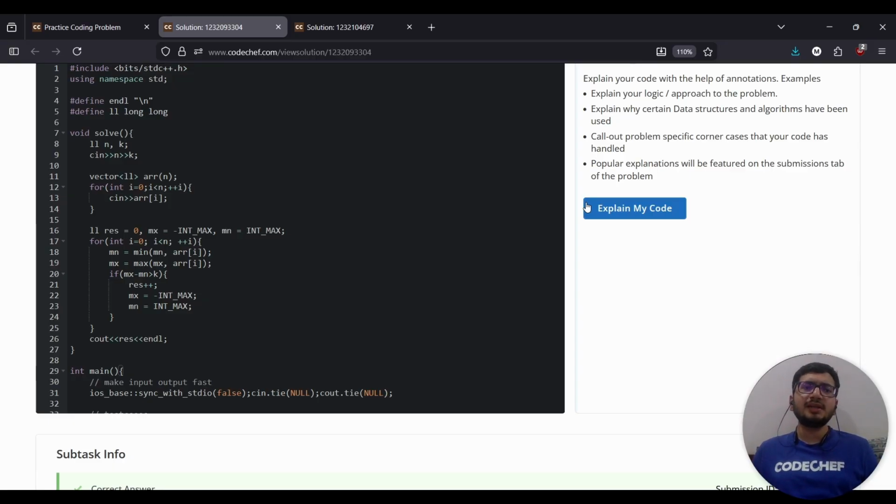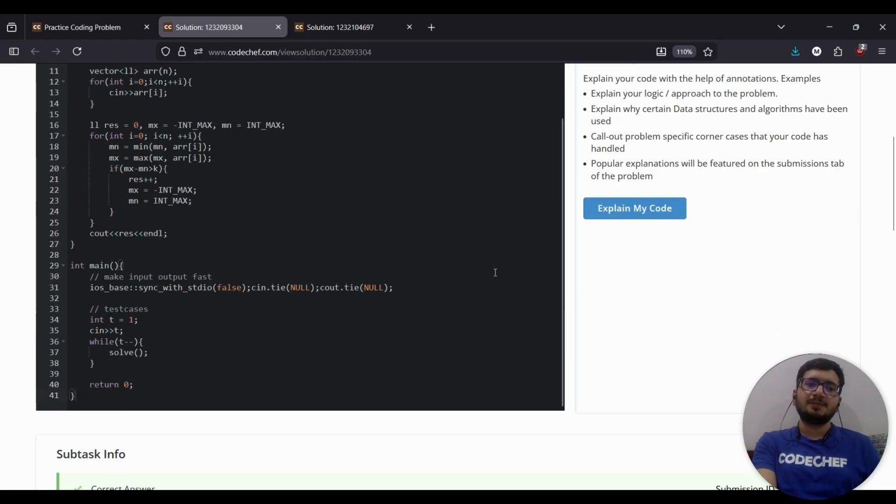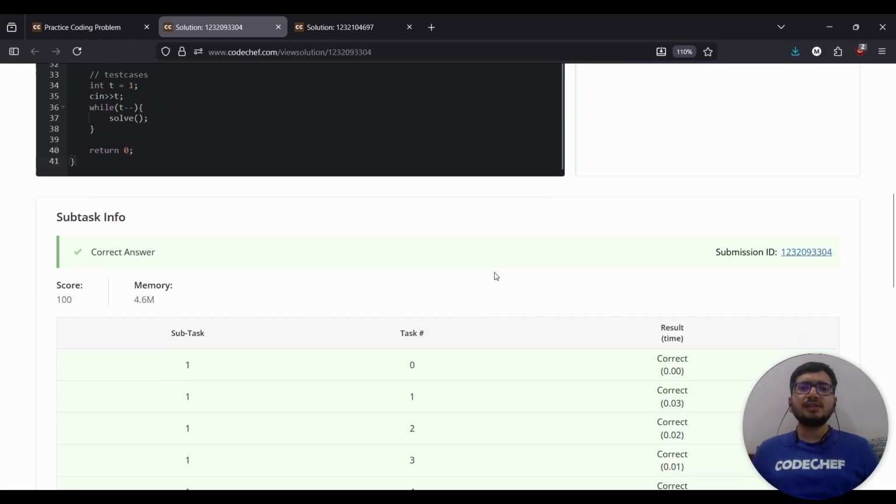We keep on updating them until the difference between maximum and minimum is greater than the transaction cost. If that is the case, we have got our winning trade. We increment the count by 1 and reset the minimum and maximum. We keep on doing this until we exhaust all the elements in our array. At the end, we'll have the count of winning trades, and this is the maximum that we can get. And as you can see, I have AC in my C++ implementation.